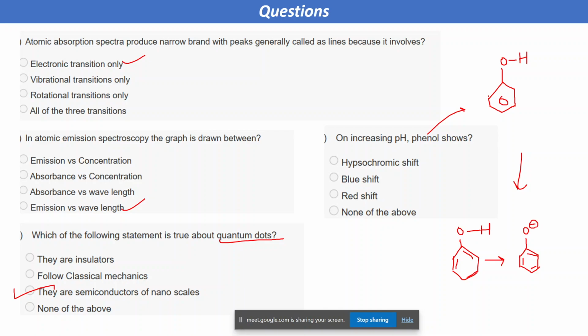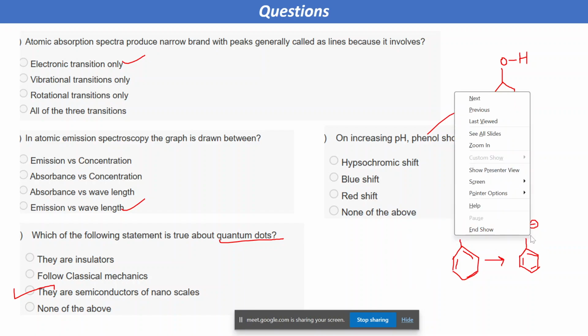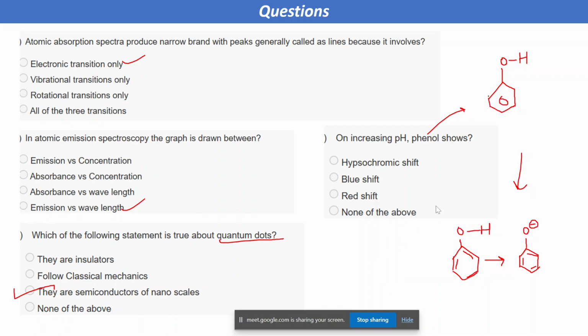Now the negative charge of the oxygen can be delocalized. If there is delocalization, then what happens to the energy gap?